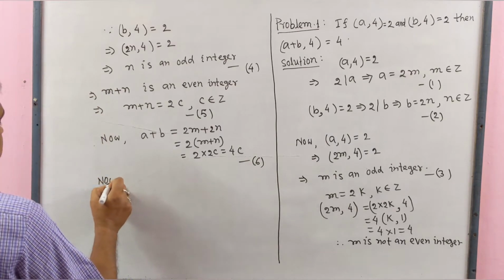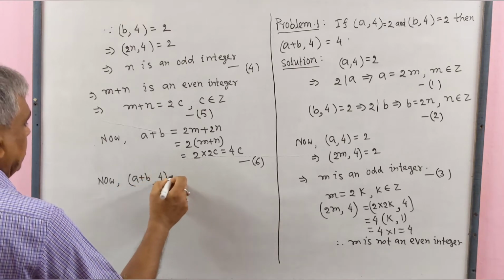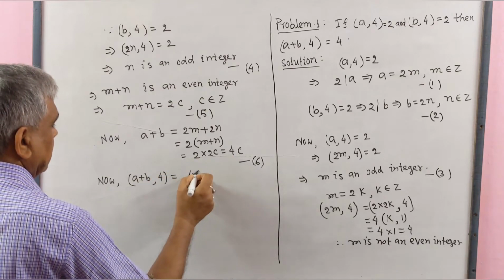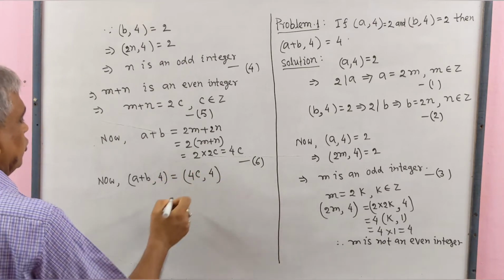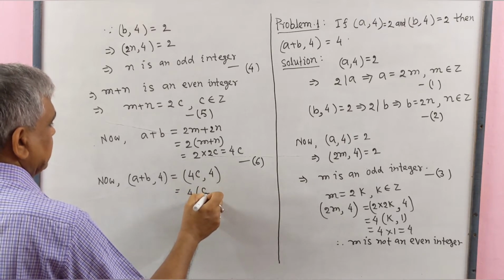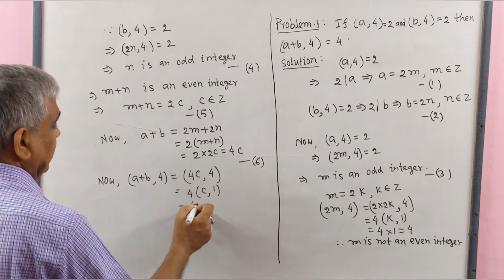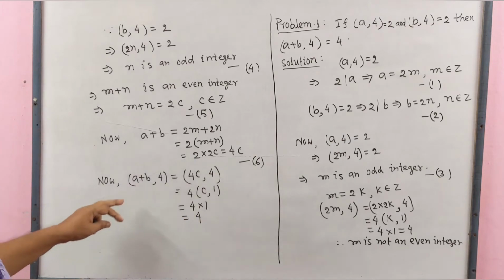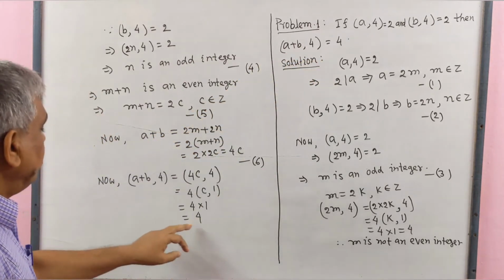Now, GCD of a plus b and 4 equal to, a plus b means 4c and 4. GCD of 4c and 4. We may take 4 outside. Here remains c, here 1. Since GCD of c and 1 is 1, this is equal to 4. Therefore, GCD of a plus b and 4 equal to 4. Proved.